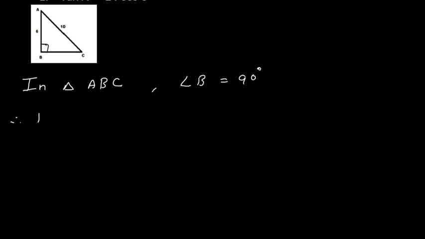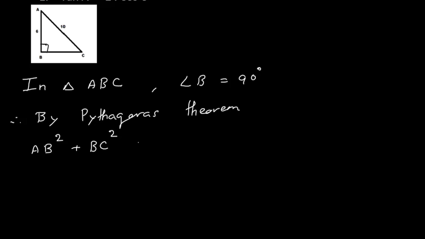Therefore by Pythagoras theorem, we have AB the whole square plus BC the whole square is equal to AC the whole square.